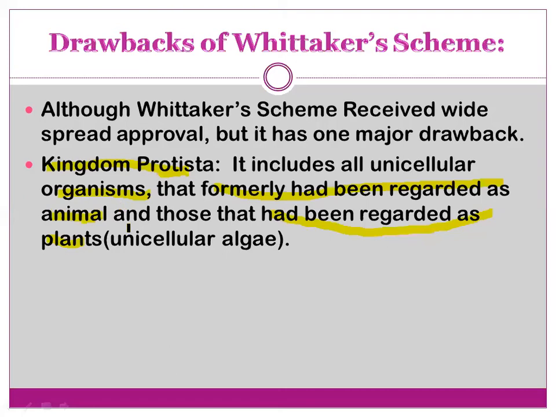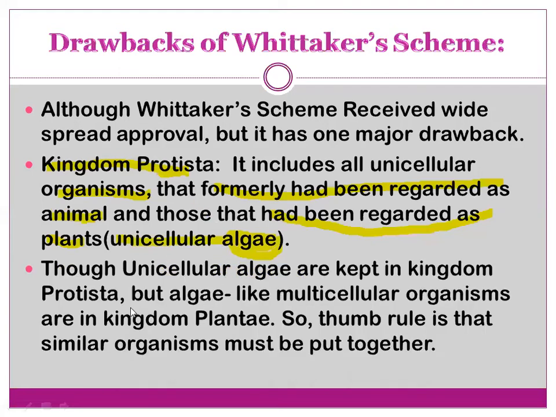Now the major problem is about the unicellular algae. Algae are of two types. Some algae are unicellular, some are multicellular. He placed all the unicellular algae in kingdom Protista, and all the multicellular algae in kingdom Plantae.